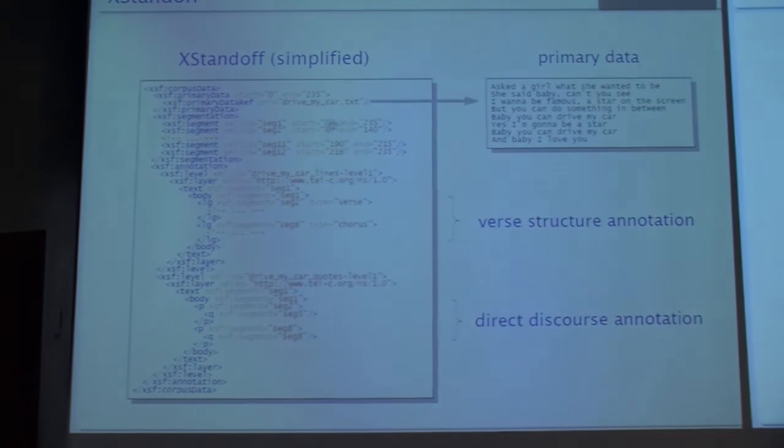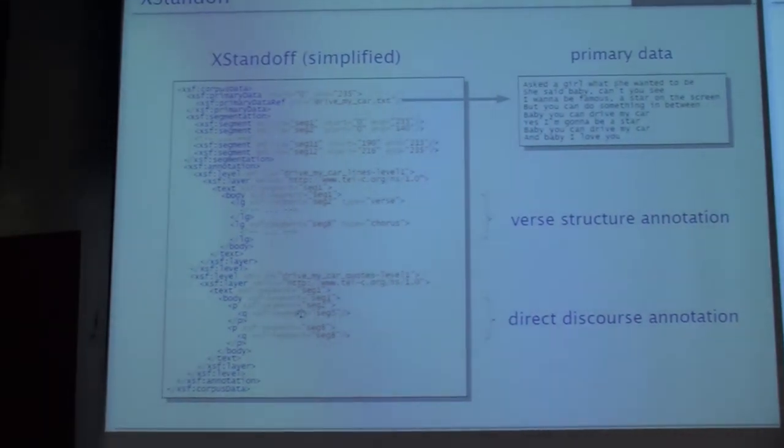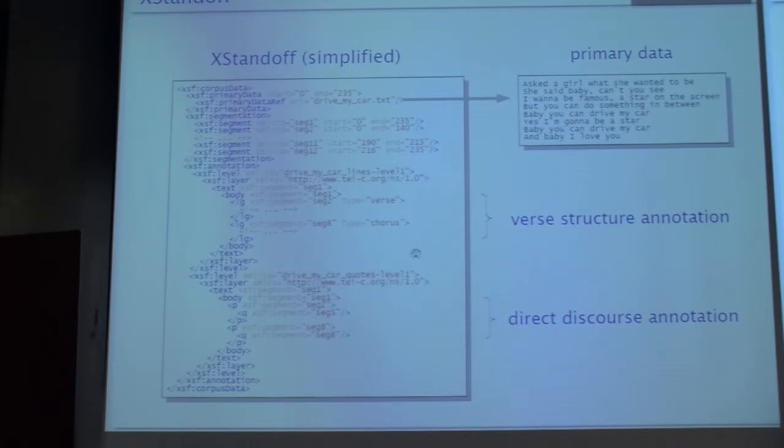XStandOff, however, can represent both annotation levels in just one XML file. It references the primary data. The primary data can also be inserted directly, and there are layers for the annotations, for example, verse structure and direct discourse structure, and by referencing segments of text spans, the annotations are linked to the primary data.